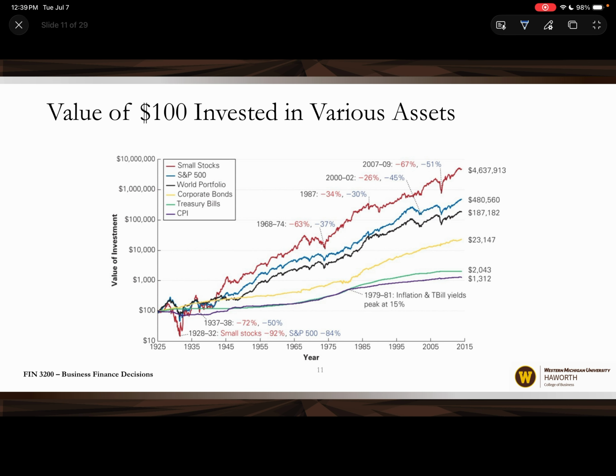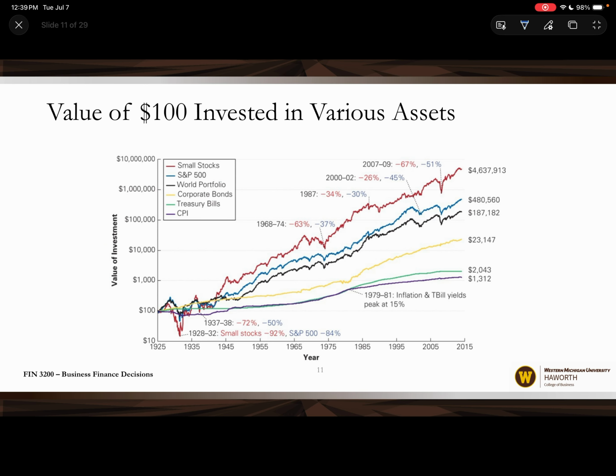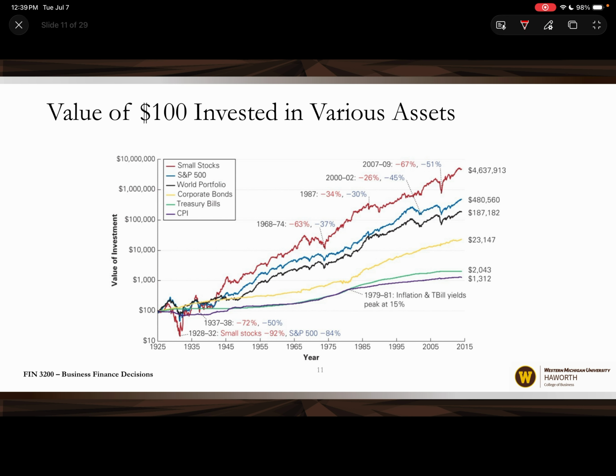Yeah. So value. This is another figure from this other textbook. I should have the citation up. I'll put it in the comments or something. So we have the value of $100 invested in various assets. Okay. So this again is based on historical data, actual data. So the idea here is we have all the data from before, right?